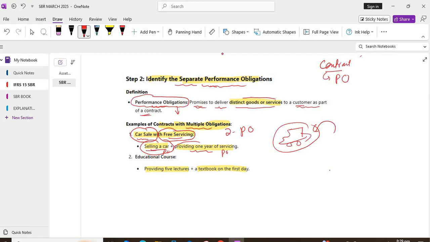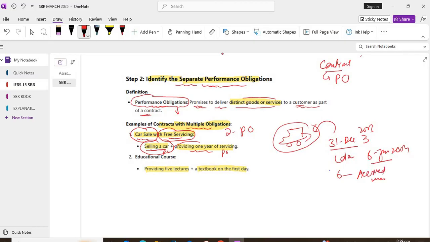For example, you're selling the car, so you are transferring the control of the asset, let's say on 31st December 2003. So you'll recognize the revenue for the car on this date. Now the services will be provided for 1 year. So if you are recognizing revenue on 6th June 2004, then you will only count 6 months, because the remaining 6 months will be your accrued income.